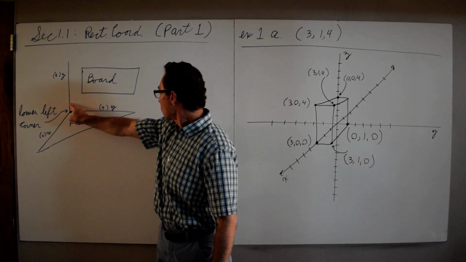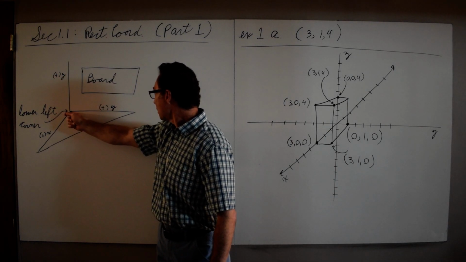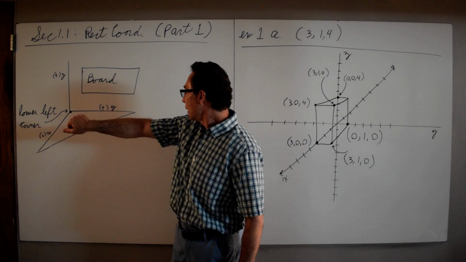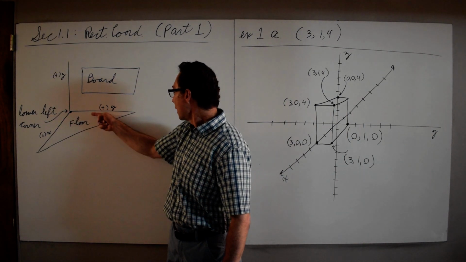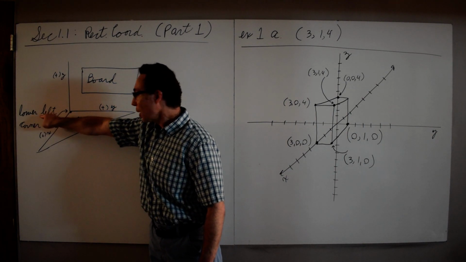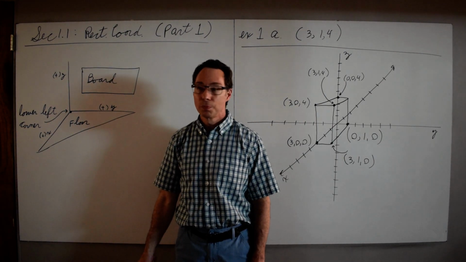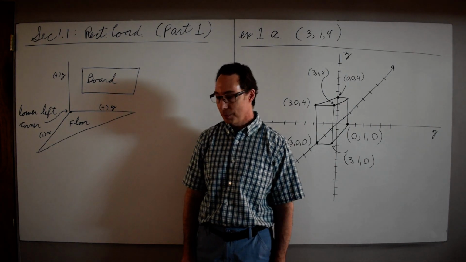So here is a wall, and then here is another wall. The negative x-axis is on the other side of the wall. The negative y-axis is on the other side of the other wall, and the negative z-axis is below the floor. So this is the three-dimensional coordinate system.